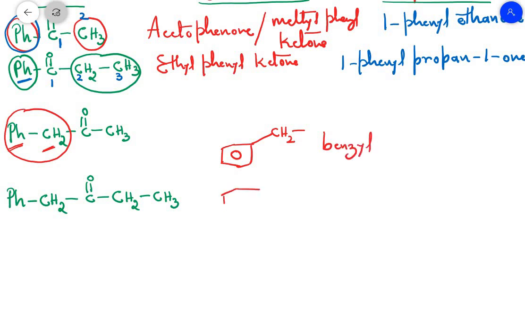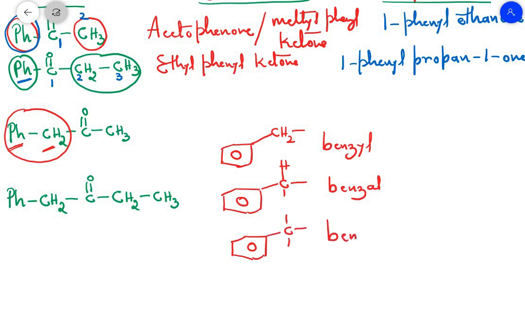And if I write benzene ring followed by CH with one bond here and one bond there, this is called benzal group. And if I write benzene ring followed by no hydrogen, this is called benzo group.